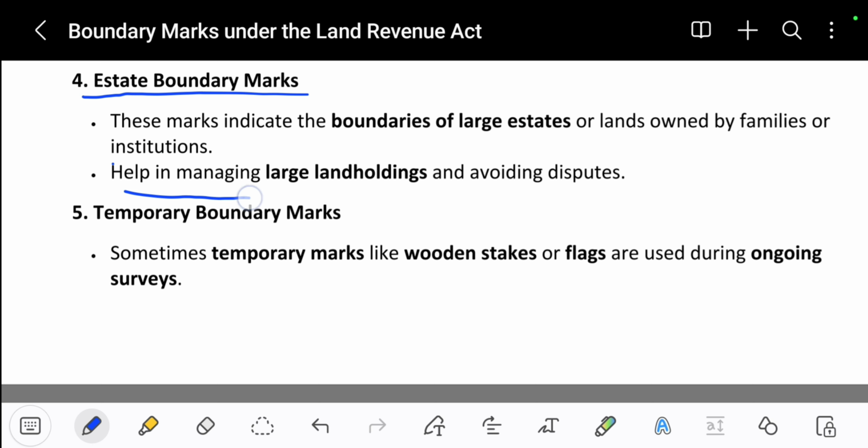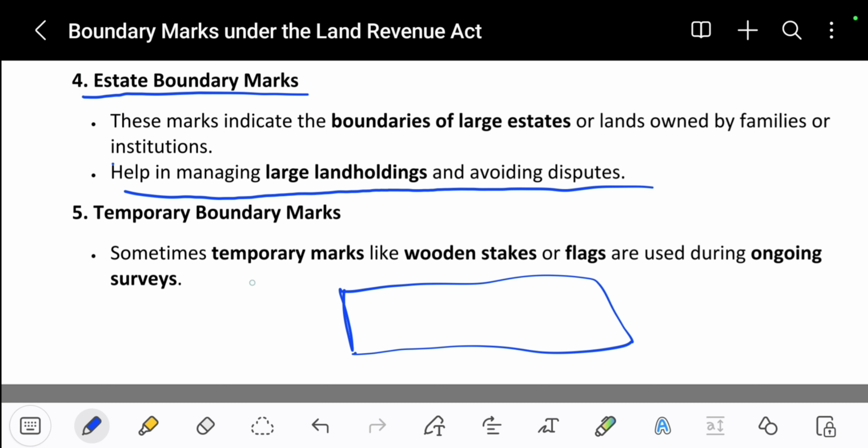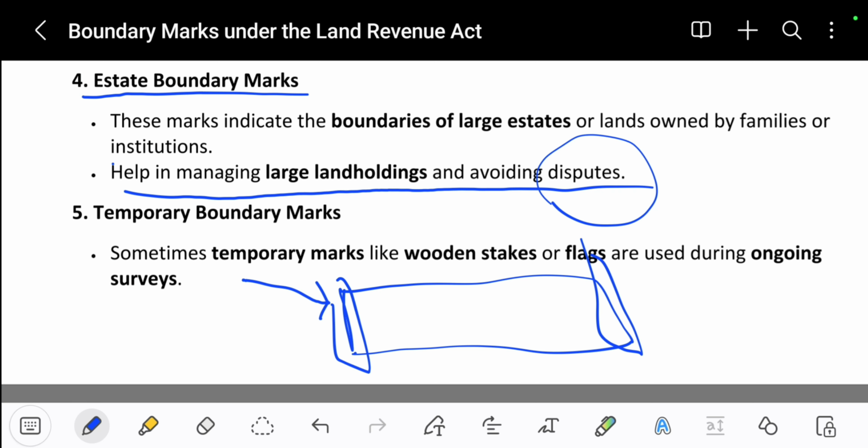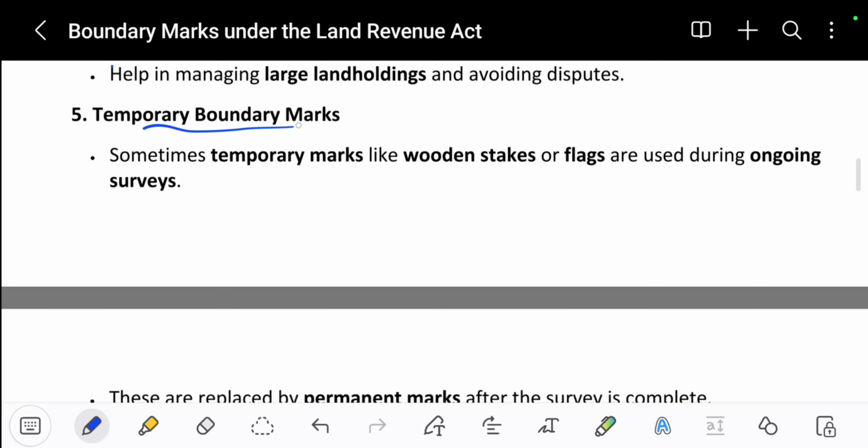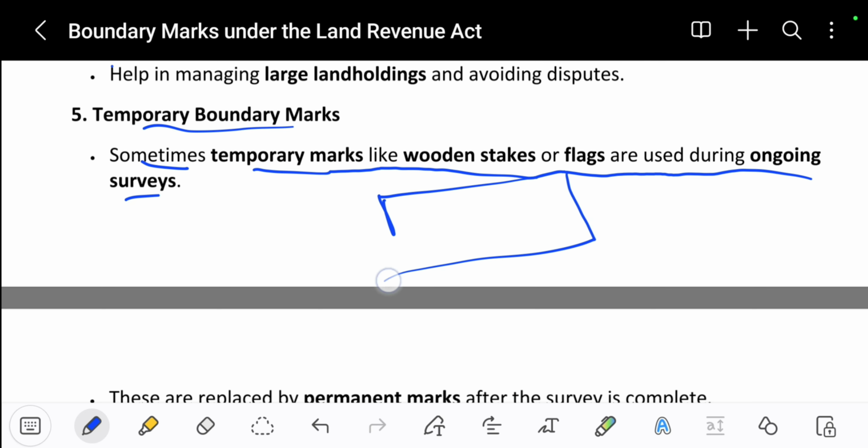The second point is that they help in managing large land holdings and avoiding disputes. Giving these big lands indications that they are estate lands helps in avoiding disputes. Now we have temporary boundaries. Temporary boundaries are things like wooden stakes or flags, often used during an ongoing survey. If there's a land over here and this land is divided, there wouldn't be a division.